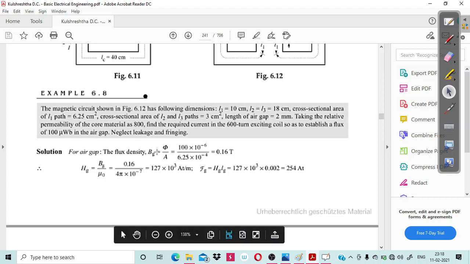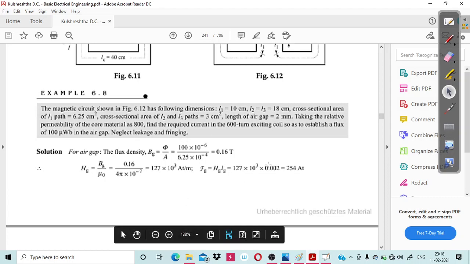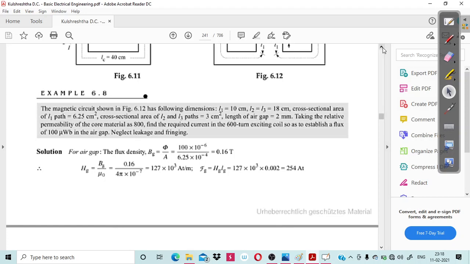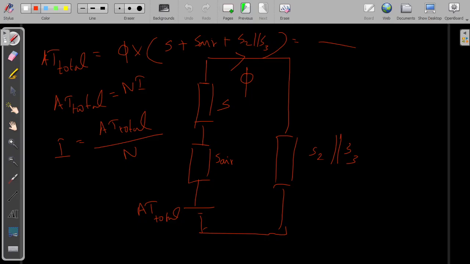And this Bg divided by mu 0 mu r, you will get Hg, that is magnetic field intensity. So Hg into that air gap length, you will get the mmf drop, the ampere turns drop across that air gap. That means phi into S air, you will get this directly.